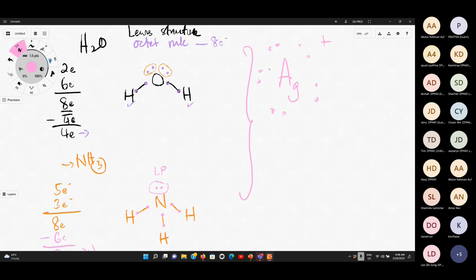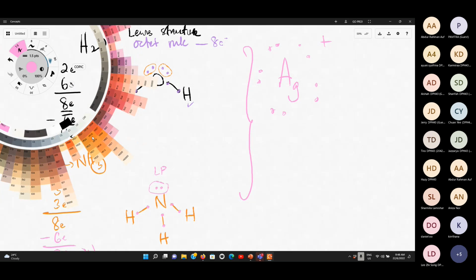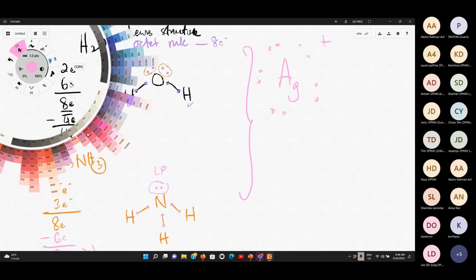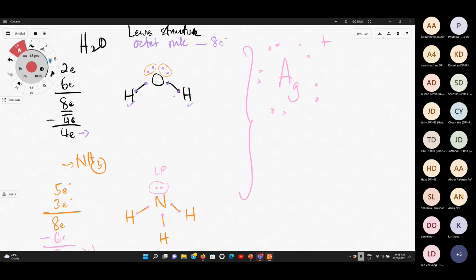Tapi kat sini bila saya cakap extra meaning dia dah hasilkan ikatan. So you can see here from H2O and ammonia. Bila saya cakap extra meaning dia tak terlibat dalam ikatan. So ada elektron yang terlibat dalam ikatan kat sini.